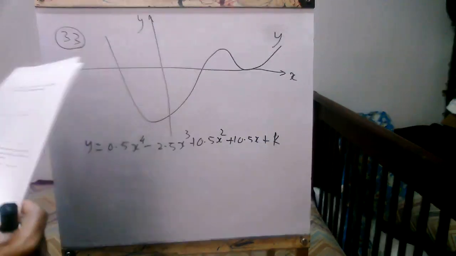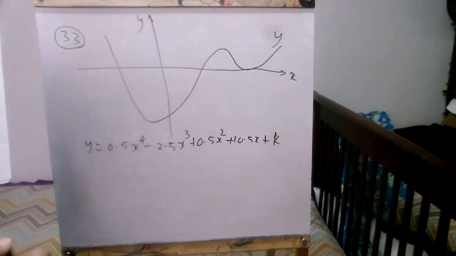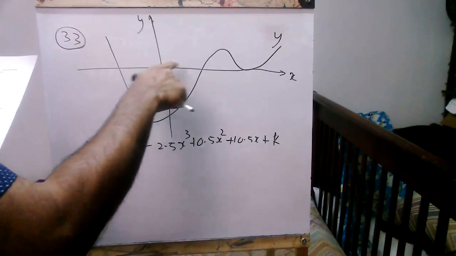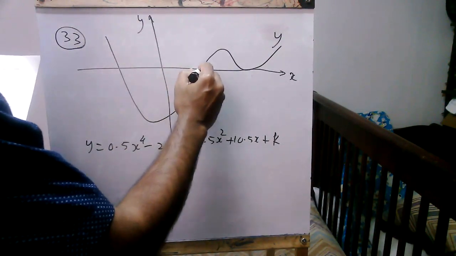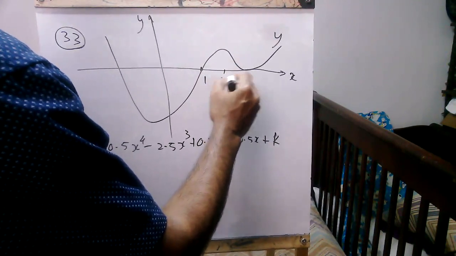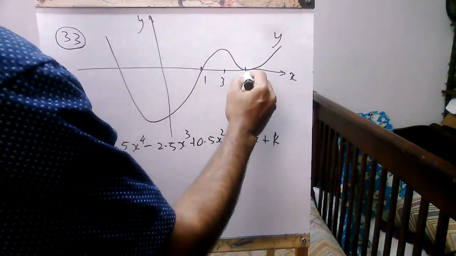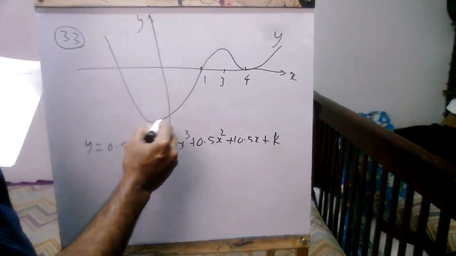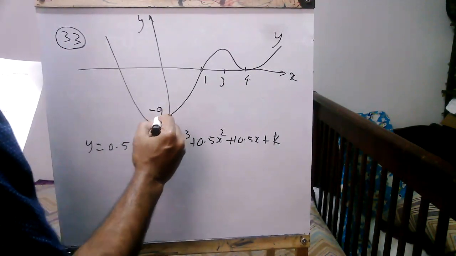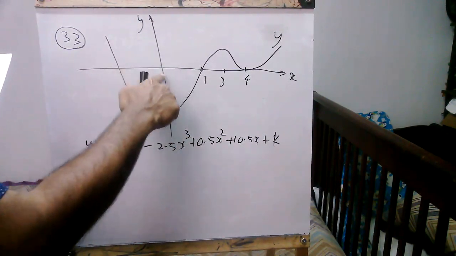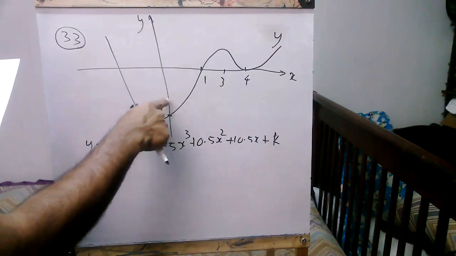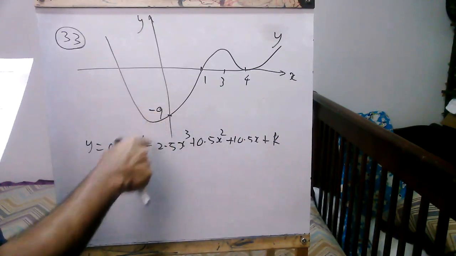Now, before you think how to use the calculator for this question, think about simple terms. They number this. This point is 1, 3. This might be 4. This point is negative 9. Now this point is pretty easy to find. How? This is the y-intercept. At the y-intercept, x equal to 0.